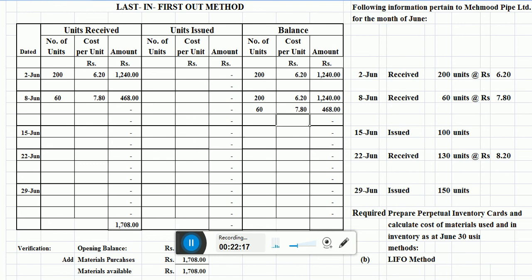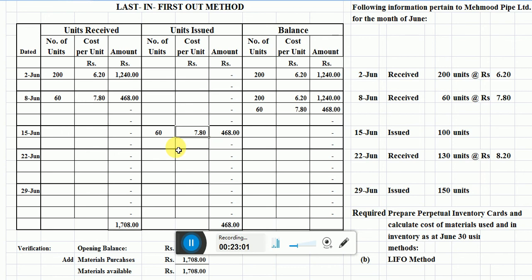Now friends, on 15th June issued 100 units. Friends, now we move to the units issued column: 100 units. But in our card, as per the LIFO method, last in first out, the last inventory is 60 units. This should go out first, but here there are only 60 units, so we take these 60 units at 7.80.